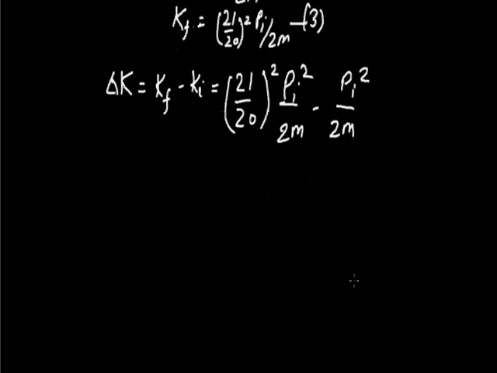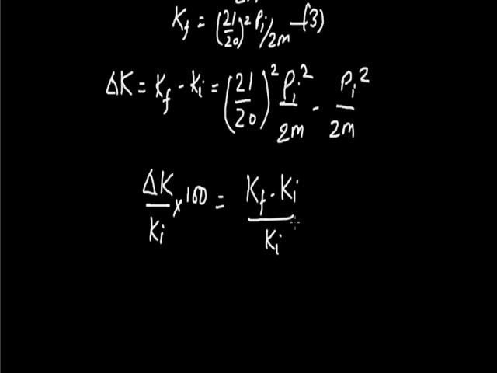Now, as we have to calculate the percentage change in kinetic energy, we should write delta K upon Ki into 100, that is the percentage change. Here, Kf minus Ki upon Ki into 100 is equal to 41 upon 400 Ki minus 400 Ki.